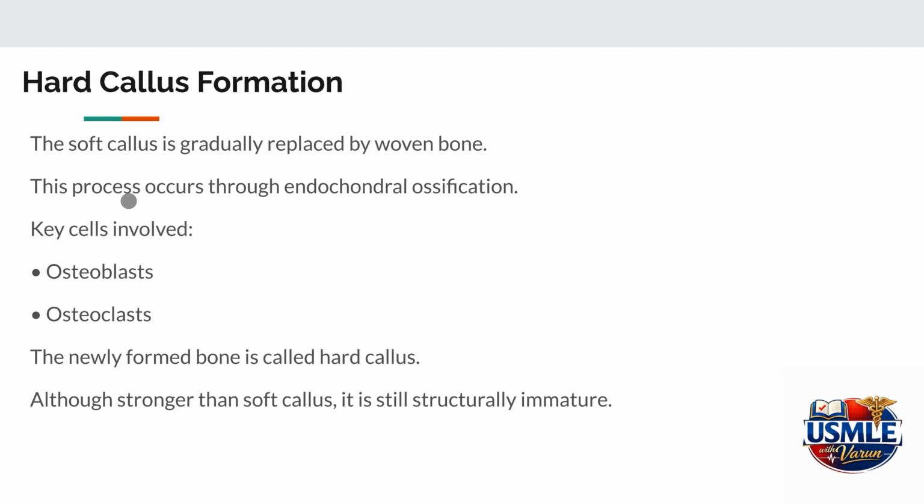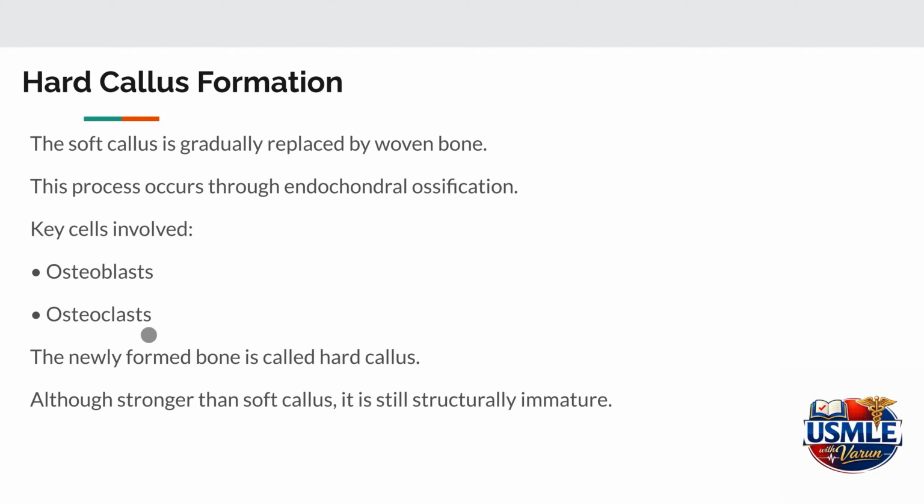In the next step, the soft callus is gradually replaced by bone, particularly woven bone. This process occurs through endochondral ossification, which is the same process used during bone development in childhood. Osteoblasts begin depositing new bone matrix, and this newly formed bone matrix is called the hard callus. This newly formed bone is typically woven bone, which is stronger than cartilage, but still structurally immature.